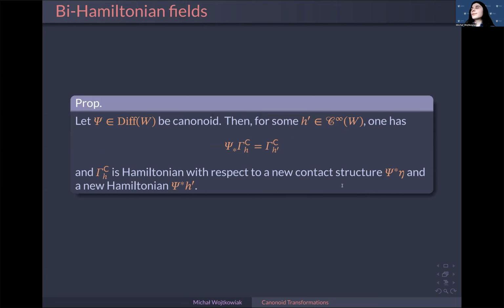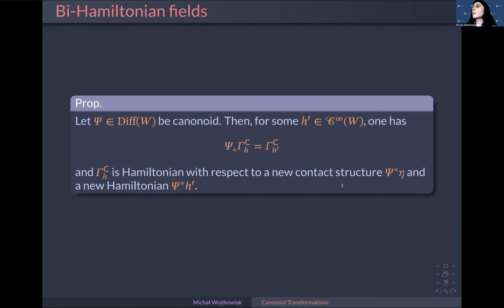And we have bi-Hamiltonian systems, just like in the case of symplectic manifolds. So whenever we have a canonoid transformation, then the pullback of eta is a contact form, and the pullback of some function is a new Hamiltonian.